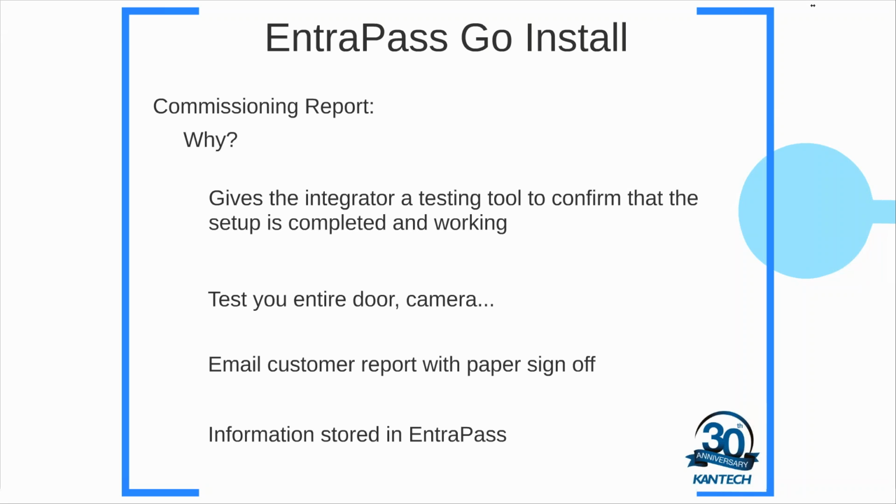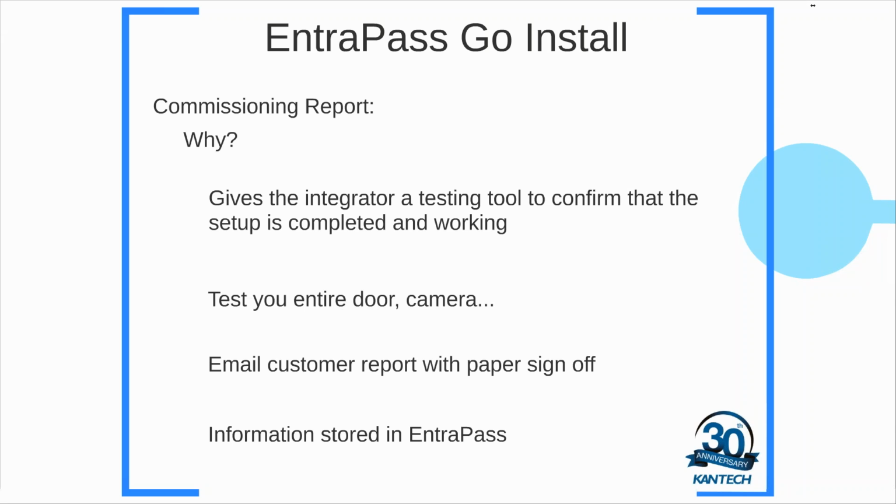But the benefit of the commissioning report within Kantech is that it gives the integrator a tool that they can test and confirm that everything is working correctly on the actual door. Not just does the door work. Yeah, everybody's door works, but sometimes cables aren't installed correctly, or the LED's forgotten, or the Rex is normally open or normally closed. I get calls, my Rex is not working correctly.